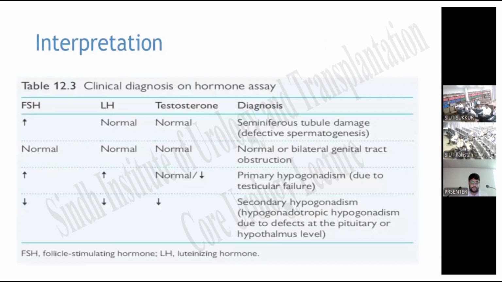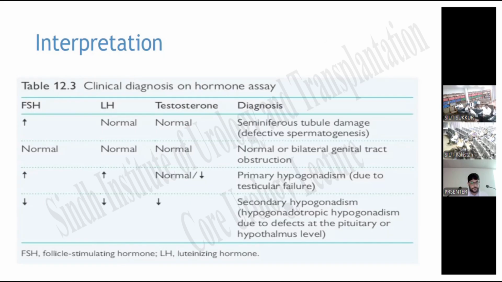So when you go for this hormonal workup, you should know how to interpret it. If someone is suffering from primary hypogonadism, then there are low testosterone levels, while FSH and LH would be increased.